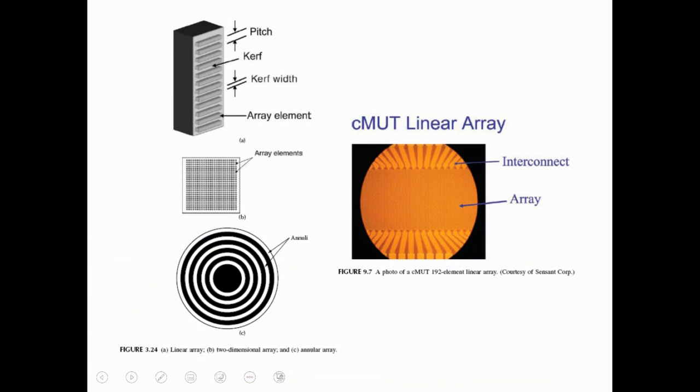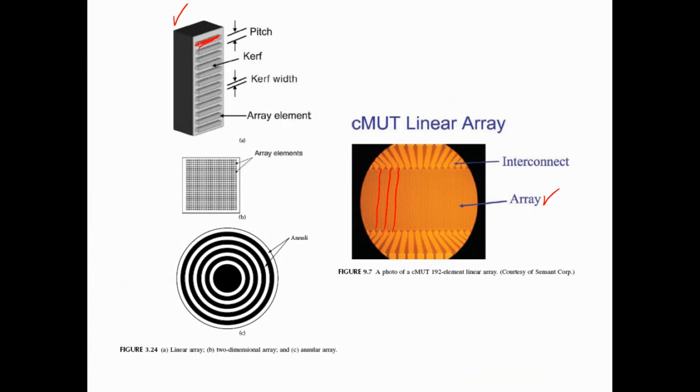This is a high-resolution micrograph of a linear array. You can see all these interconnects coming in. The arrays are here, a very, very small 192 element linear array. You can't even hardly see them, but there's basically 192 lines going through like that. You can kind of see the lines in that picture. This is an example of a linear array up here.